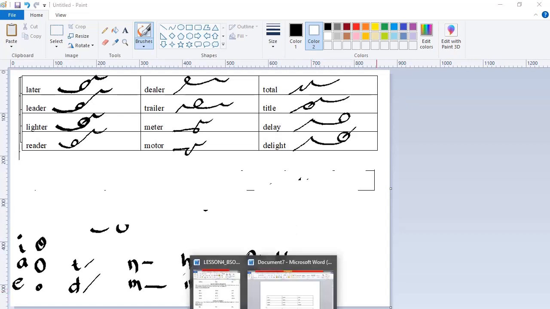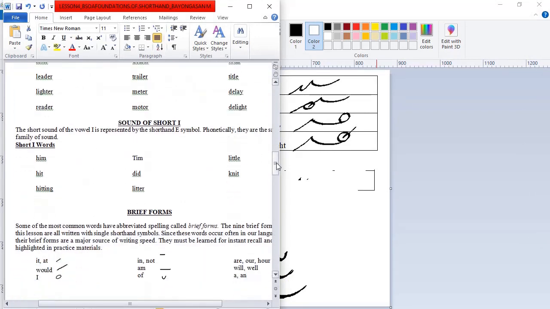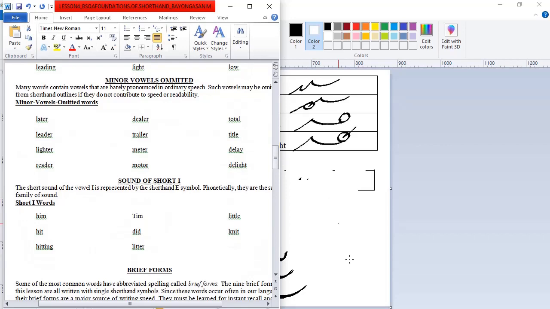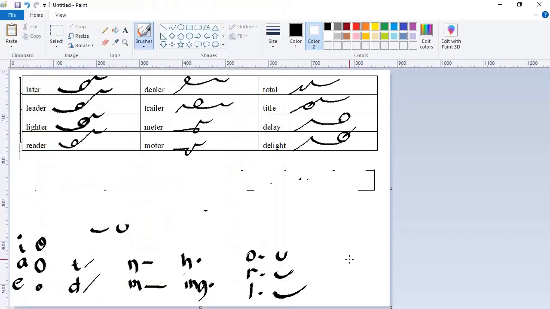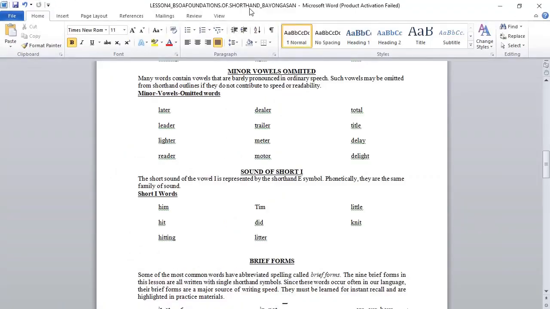Okay, so now let's move on to our next set of words, which are the sounds of short I. Okay, so kung makikita ninyo dyan, sabi dito sa inyong module, the sound of the vowel I is represented by the shorthand E symbol.